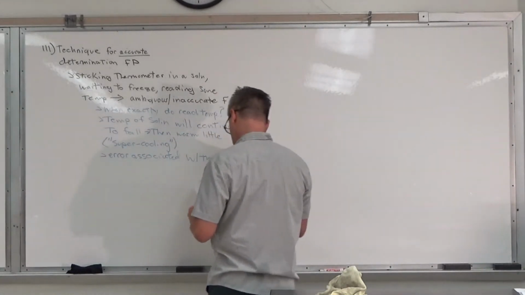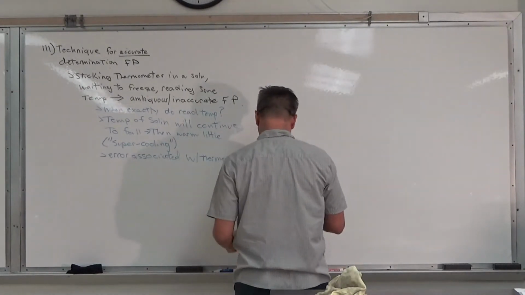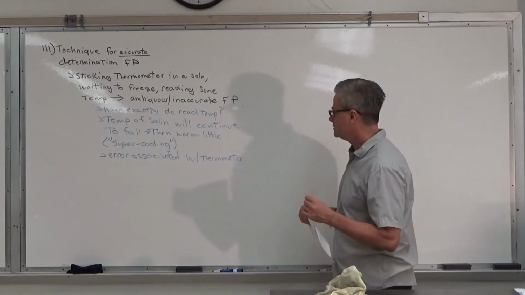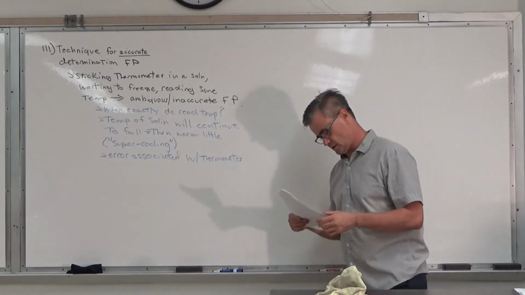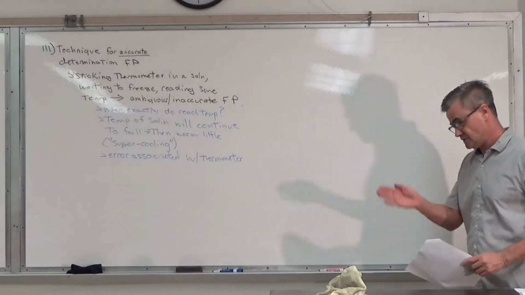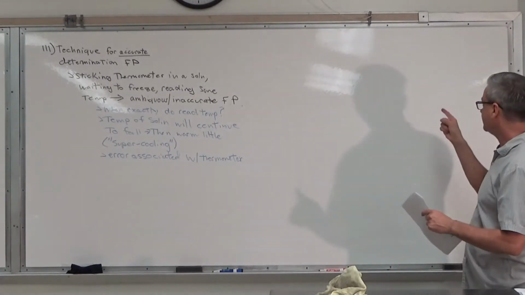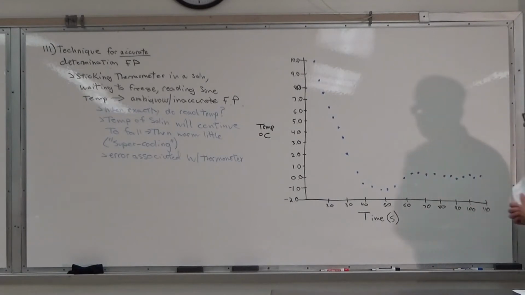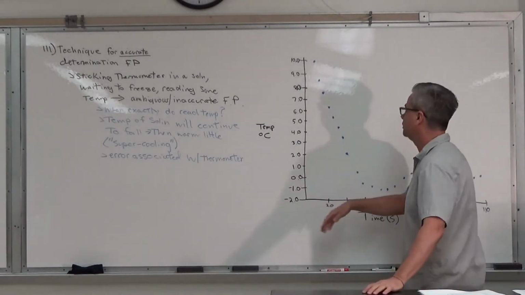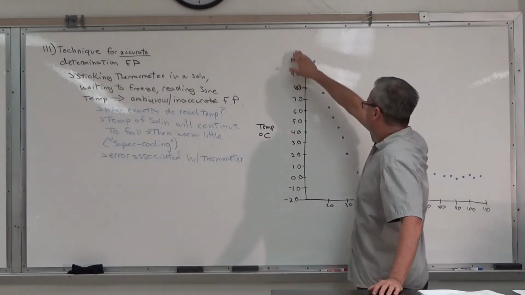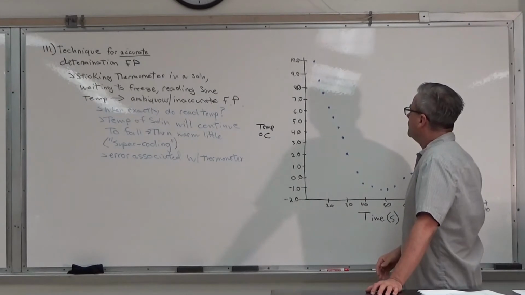So what you can do is take a bunch of temperatures at different time intervals and generate a graph such as that. Voila. We've taken temperatures. We probably started up near room temperature, which is 23 degrees, but that's fine.